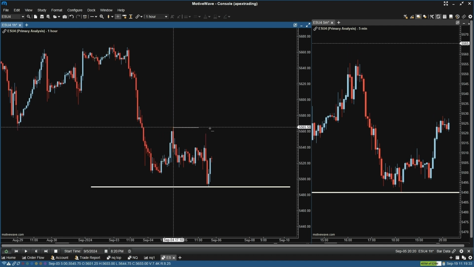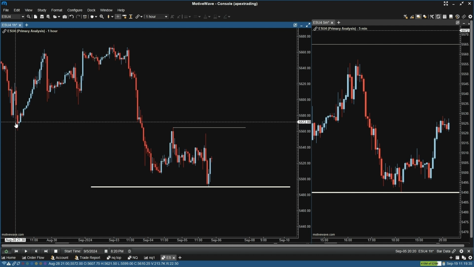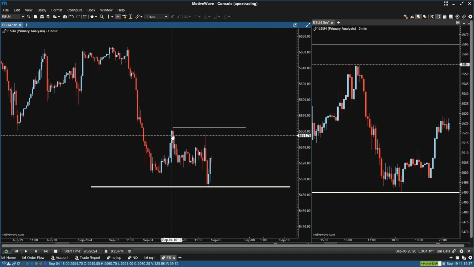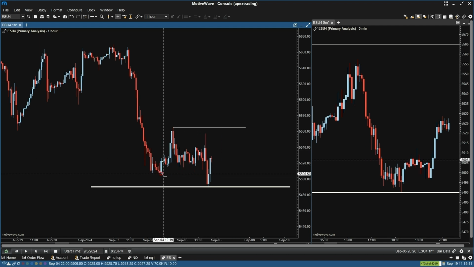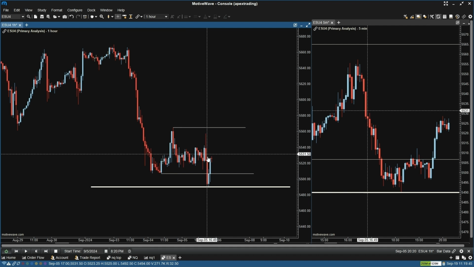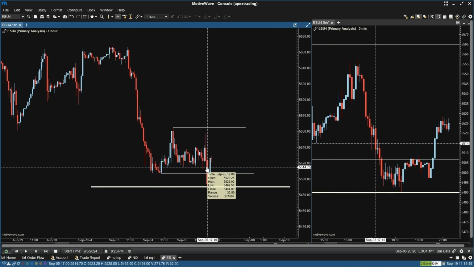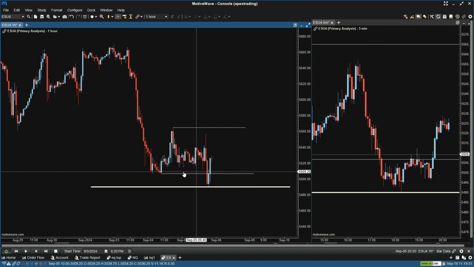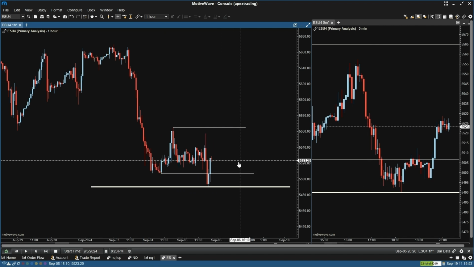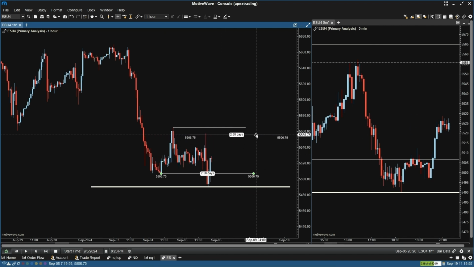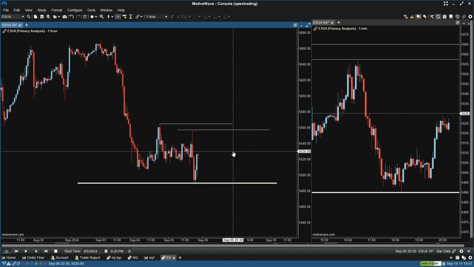Upon retesting this low, you can see that it made a lower high here, and it broke structure here with this red candle. As you can see, it's still aggressive. It's a big red candle breaking this structure, and before it broke structure, it gave us a lower high.